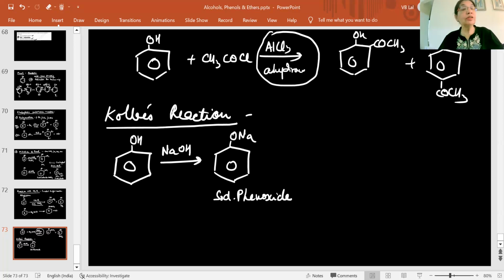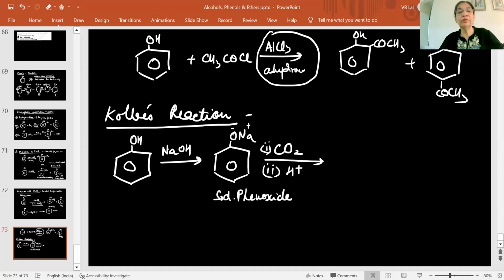Now, why do we convert it to sodium phenoxide? Because sodium phenoxide has a highly activated benzene ring, even more activated than the benzene ring of phenol. So very, very weak electrophiles can attack the benzene ring. So I react it with carbon dioxide first, and then I react it with acid.